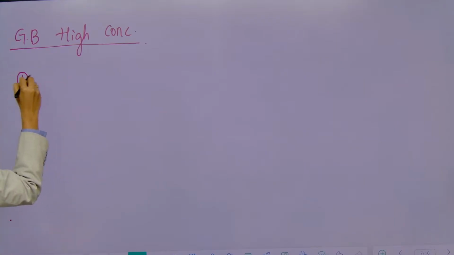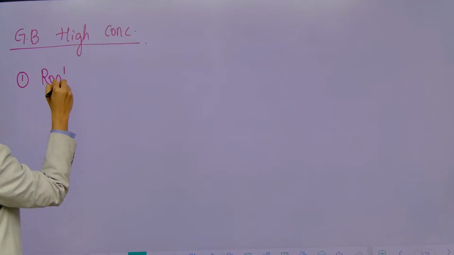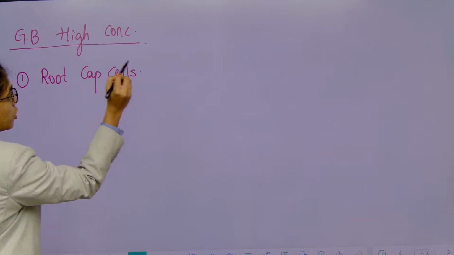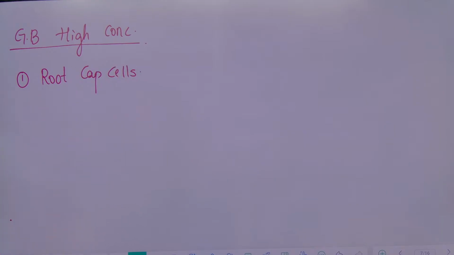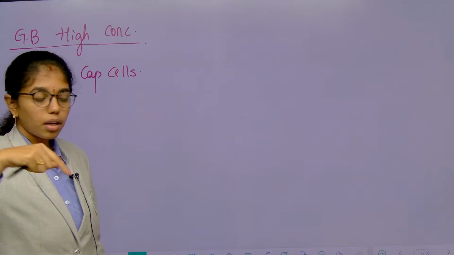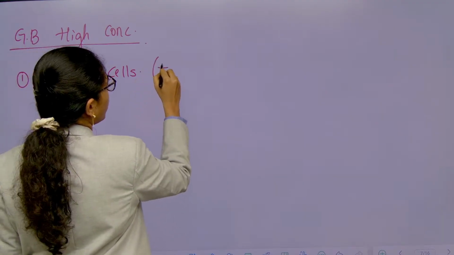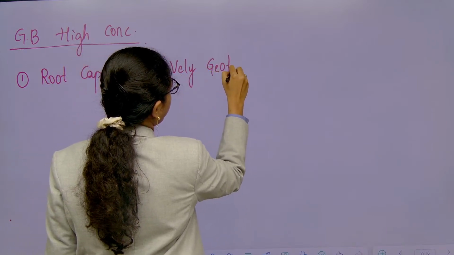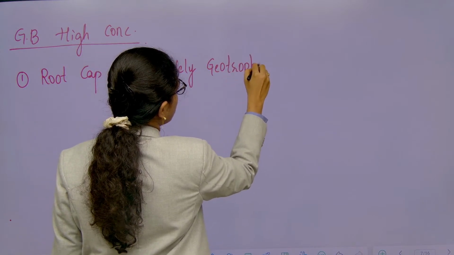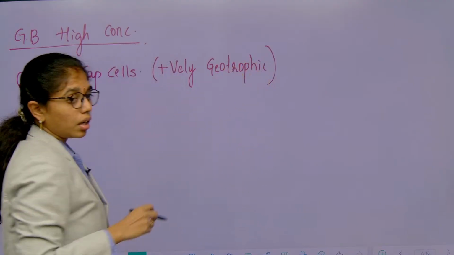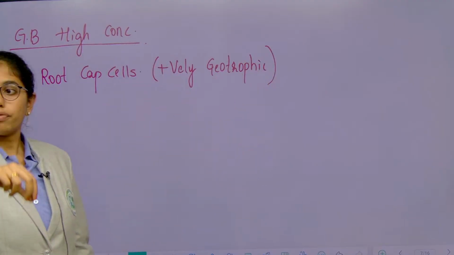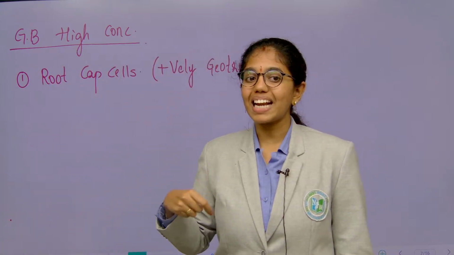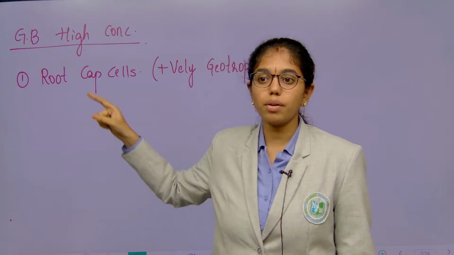First, in the root cap cells, Golgi bodies are present at the highest concentration. Root will go via what movement? Positively geotropic, right? So these Golgi bodies will help in the penetration of the root for positive geotropic movement. So Golgi bodies are rich in which cells?